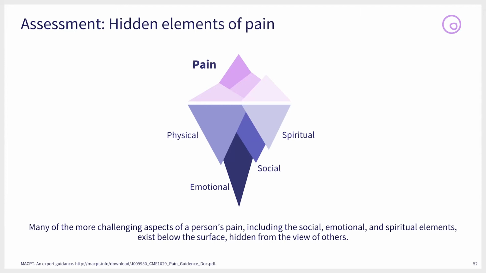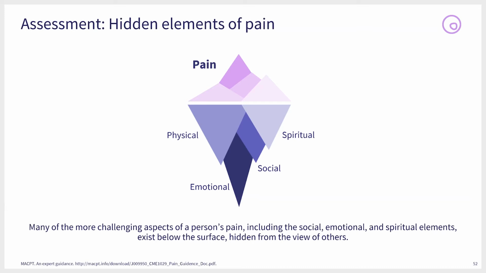This is a piece of work which has been adapted by my colleagues, with whom I work together on managing pain in the advanced cancer setting, but it was created by Michael Carney, a palliative care physician. Michael says that very often it's like an iceberg. This is true of any symptom.